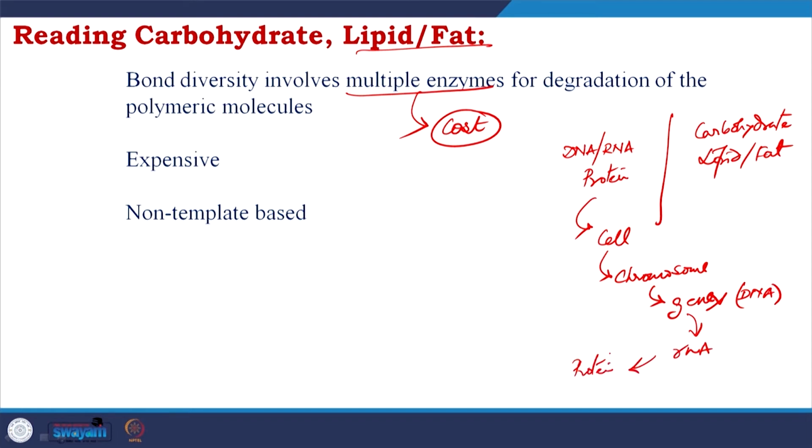So, what I mean is, all the DNA, RNA and protein have a pre-made template, but in case of carbohydrate, lipid, fat, you do not have any template.